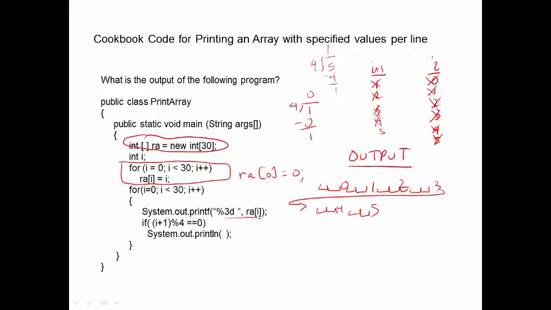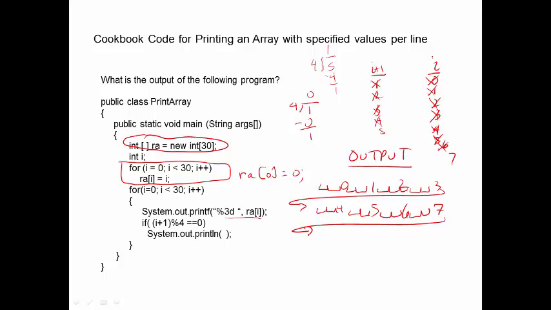Keep going, increment I to a 6, print out the contents of subscript 6, check now is I plus 1, which is 7, is 7 mod 4 equal 0? No, that remainder is a 3. Keep going, increment I to a 7, we print out the contents of subscript 7, which is a 7. Now check to see is I plus 1, which is an 8, is 8 mod 4 equal 0? Yes, it is, because when we divide 8 by 4, we definitely get a remainder of 0, since 4 divides 8 evenly. So yes, we're going to do a system.out.println with empty parentheses.